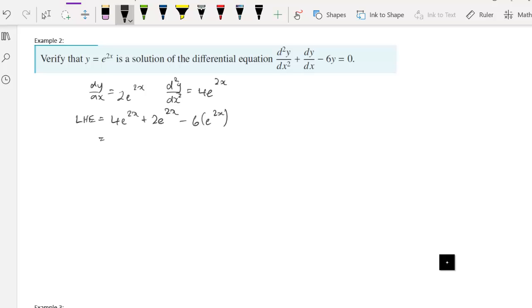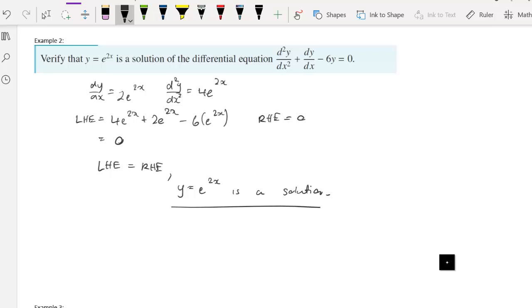So we've got 4 plus 2, which gives us 6e to the 2x, subtract 6e to the 2x, and we've got 0. Now the right-hand side is simply 0. So the left-hand side is equal to the right-hand side, and that verifies that y is equal to e to the 2x is a solution. Again, nice and simple.